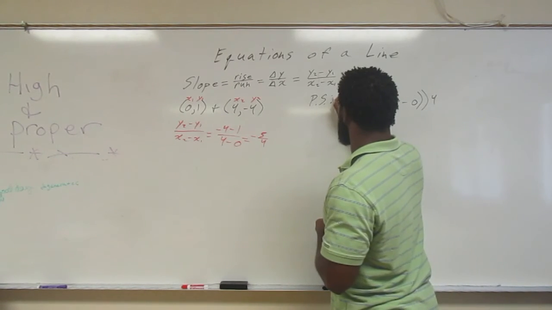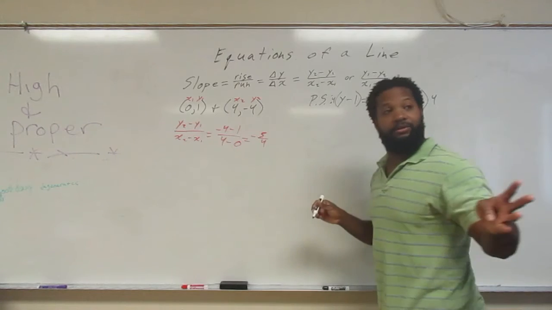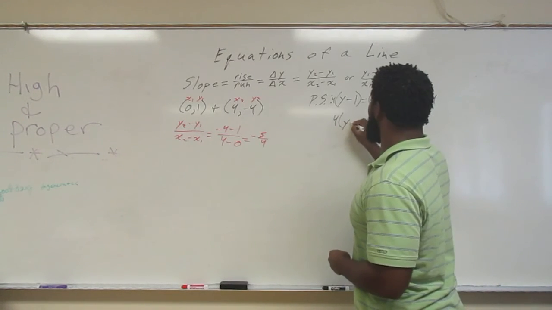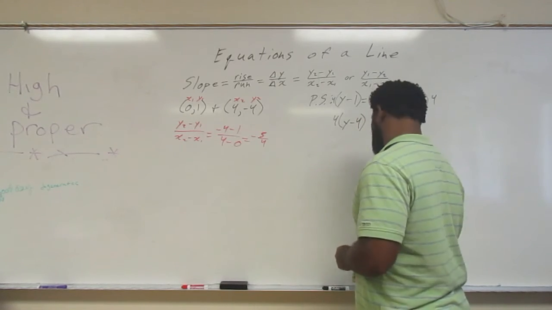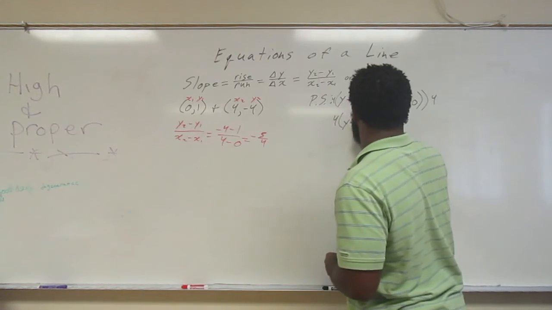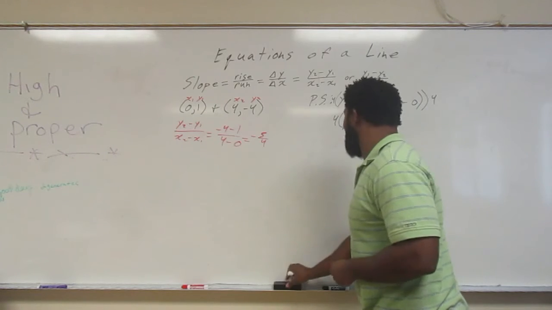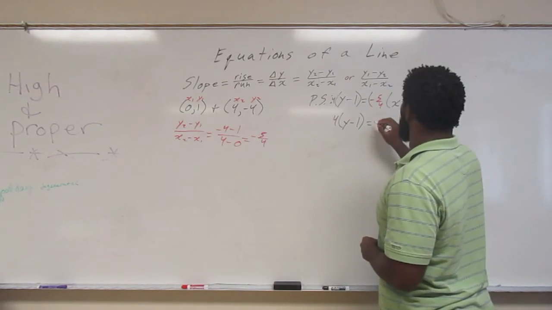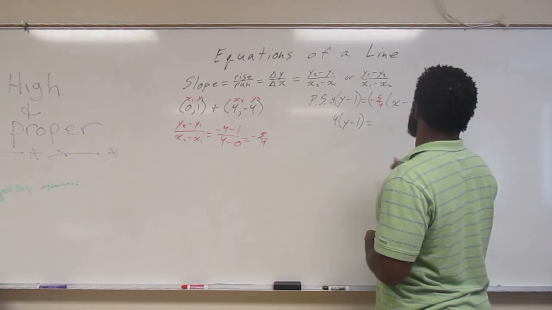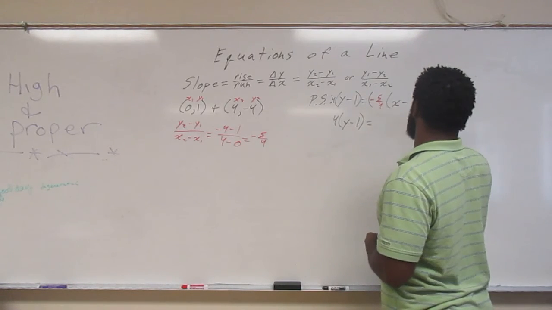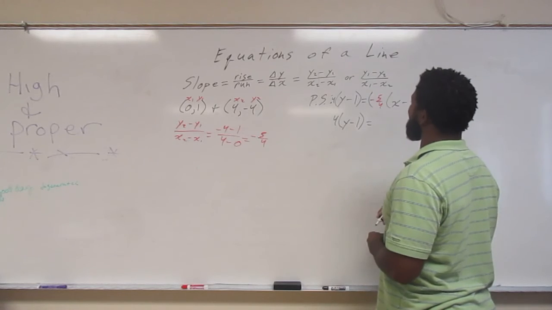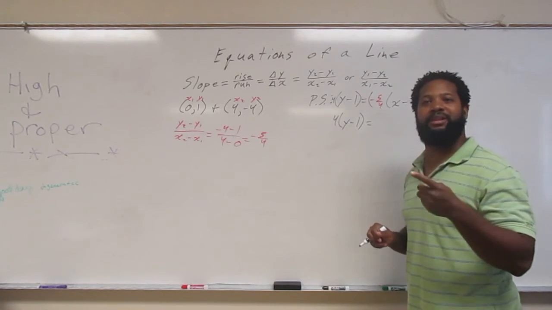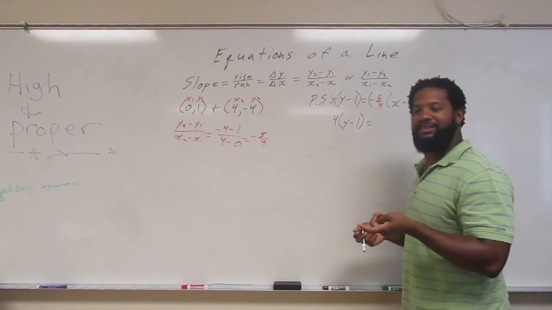Multiply it. Boom. So now you're looking at 4 times y minus 1, equal to, let's keep the negative so that we won't have to multiply the end by a -1. Why did you put parentheses?